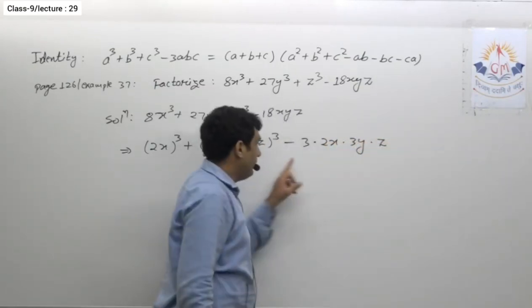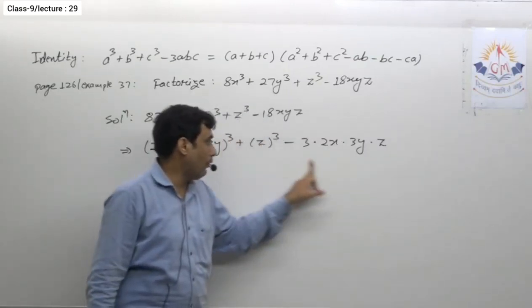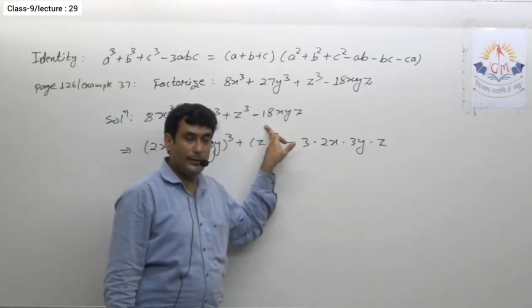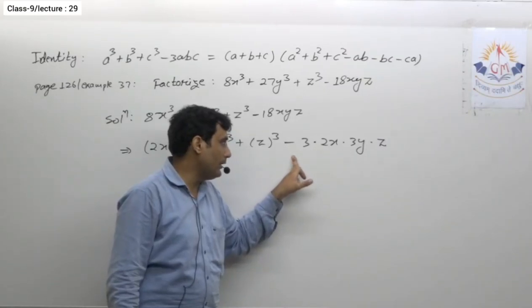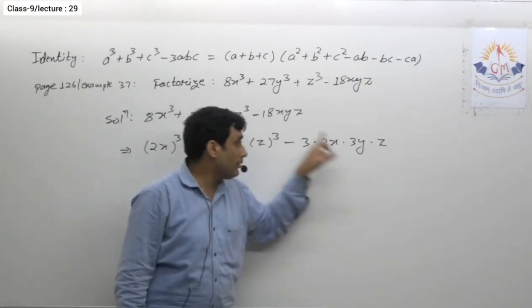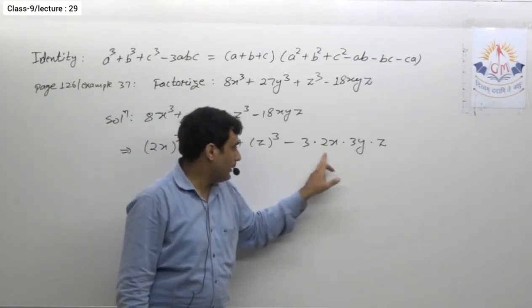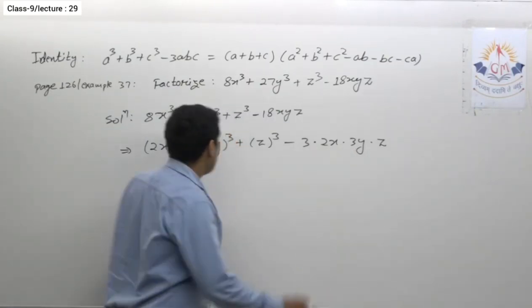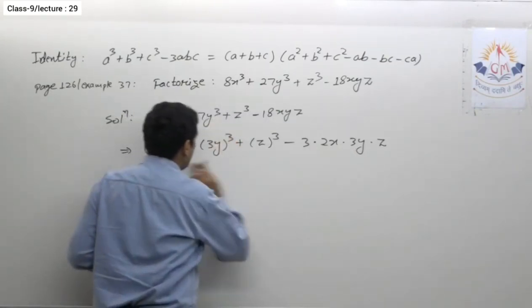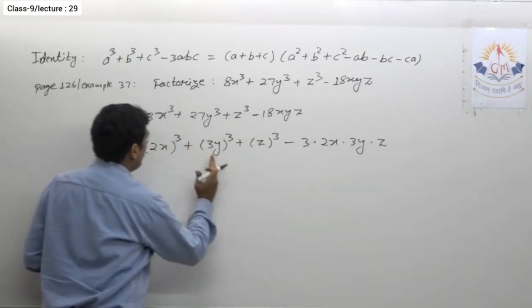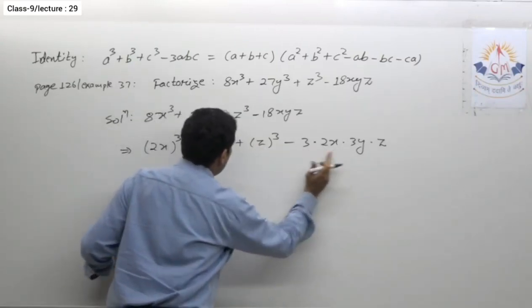Now I check whether the product of all these is equal to minus 18xyz or not. So minus is definitely over here, xyz is also there. Now 3 into 2 into 3, that is 18. 3 twos are 6, 6 threes are 18. That means this expression exactly fits the identity of a cube plus b cube plus c cube minus 3abc.